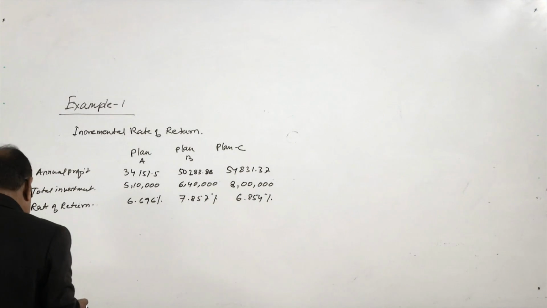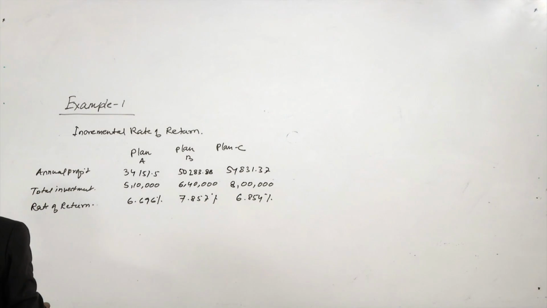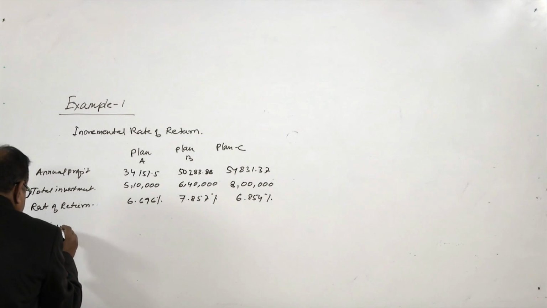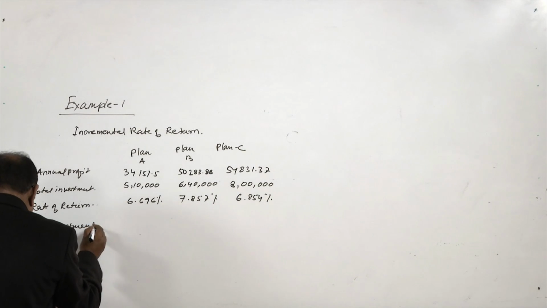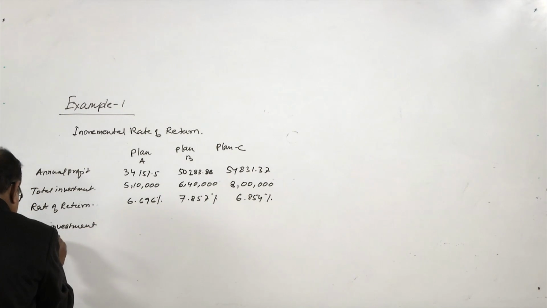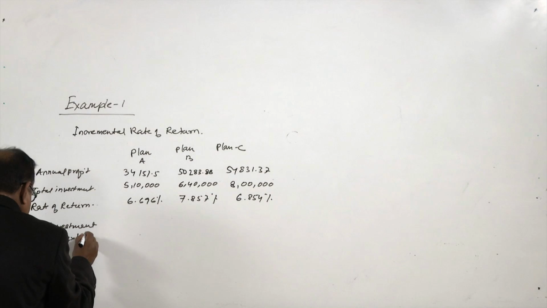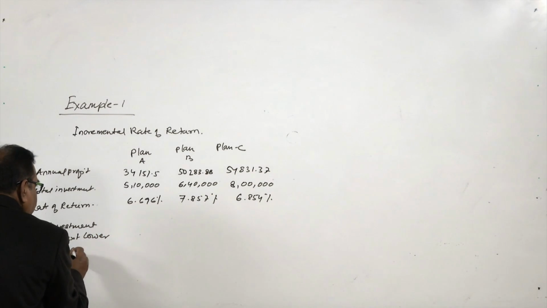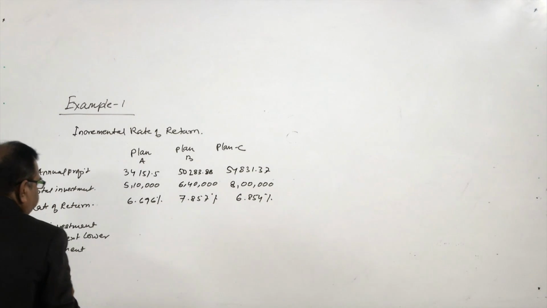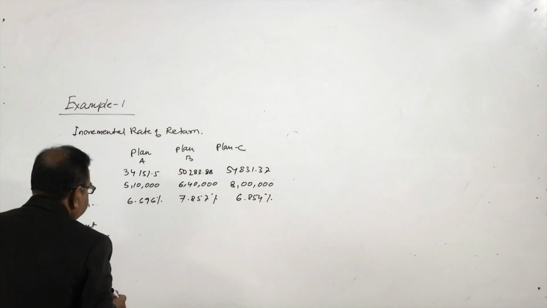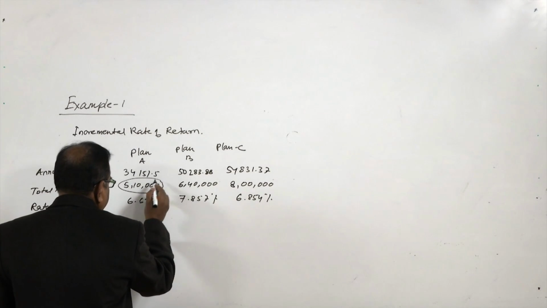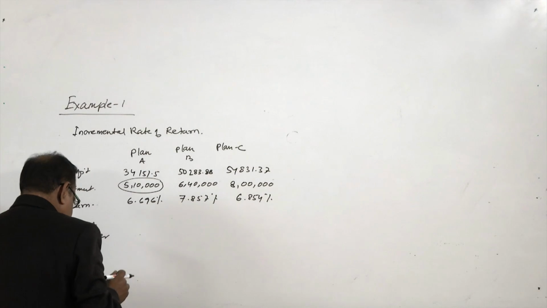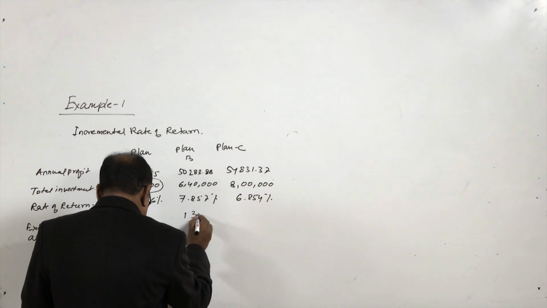Now, if you see the extra investment above the next lower investment, so you find this is the lowest investment. Now, if I deduct this from this, the extra investment here is 130.